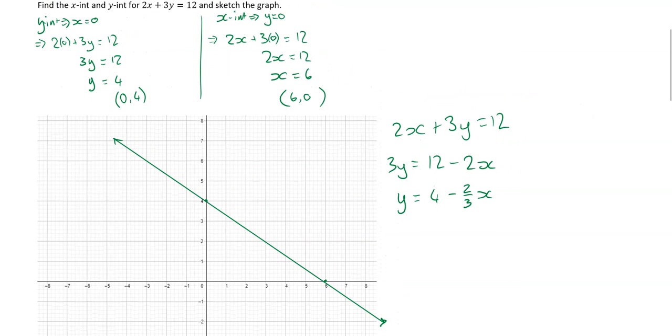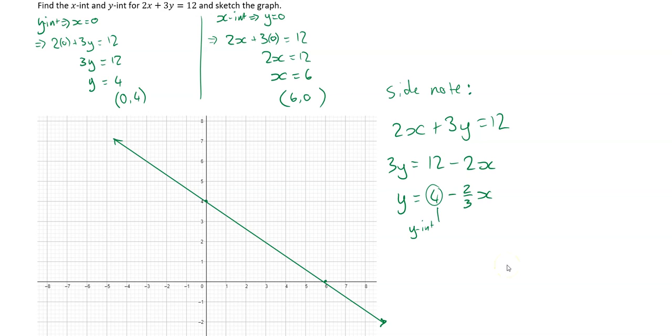Just to specify, the y-intercept is this part here, 4, and the gradient is negative 2 over 3, which is the rise over run. So the rise is negative 2, and the run is 3. Okay, no worries. That's it.